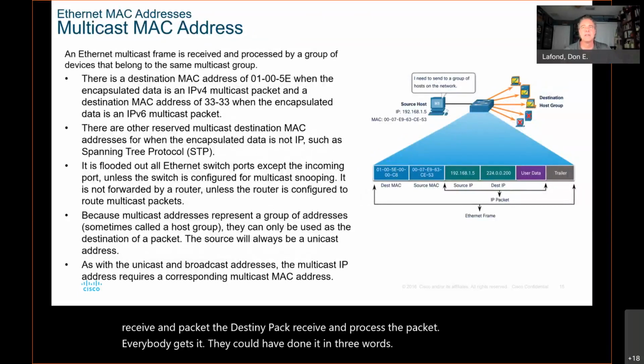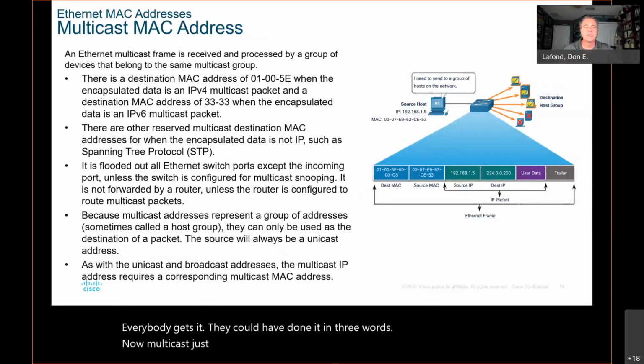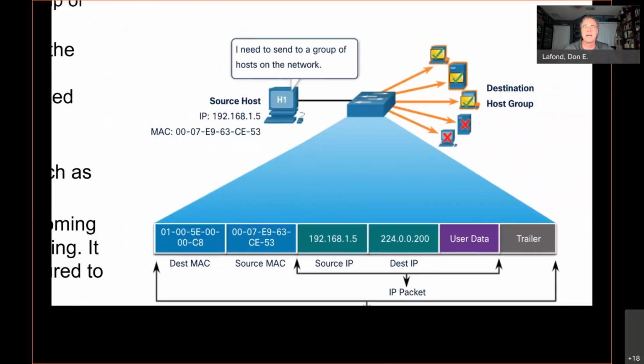Now, multicast, just like it sounds, goes to some. It goes to some addresses. It goes to these 3, but not those 2. Okay? So remember, we still start with a unicast address because H1 in this case has a unique MAC address on its NIC card. So this is unique.